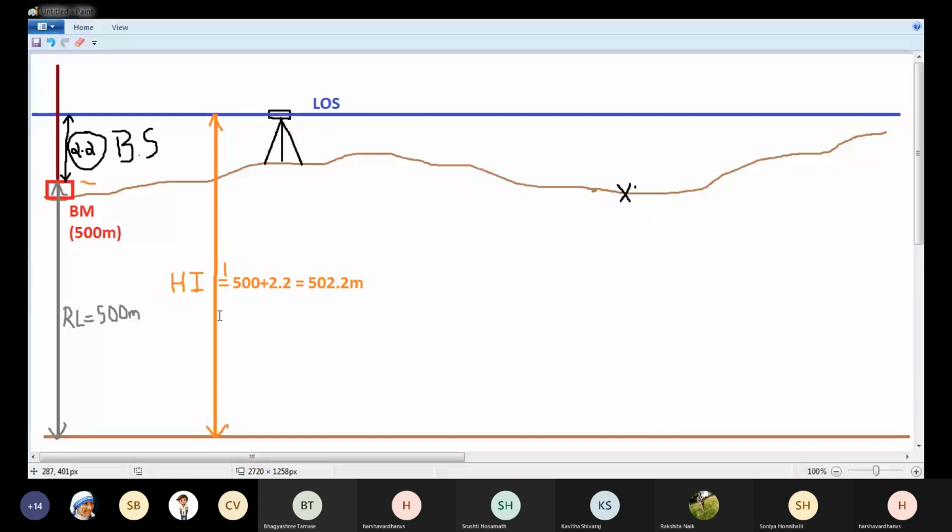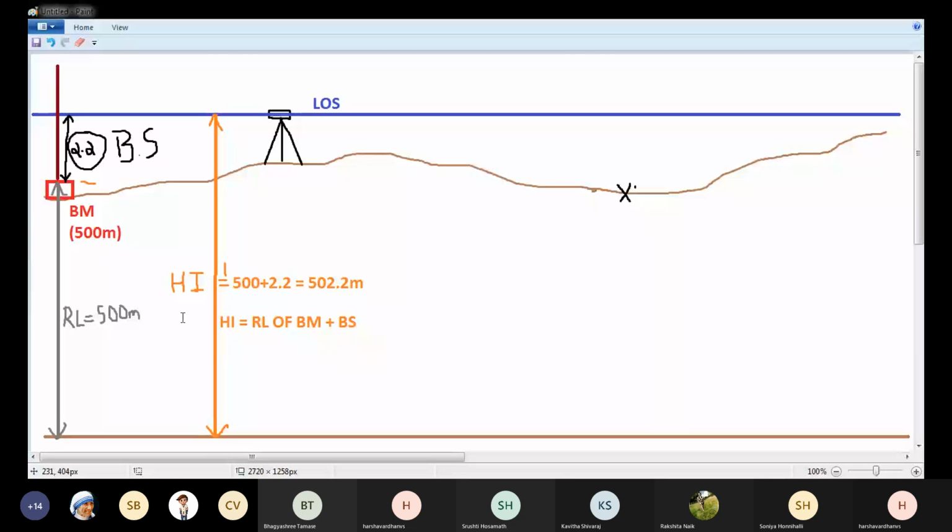We can generalize this formula: HI is equal to RL of benchmark plus backside.